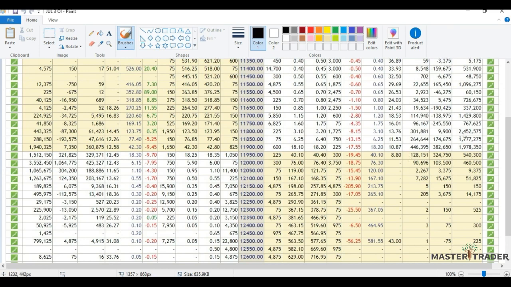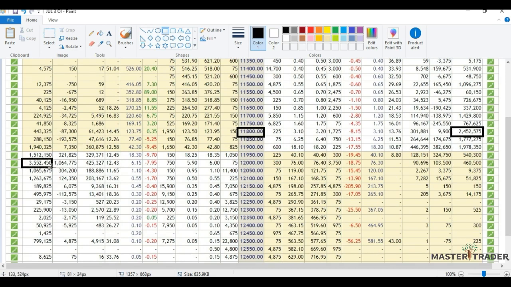So first thing, what do we need to do? We need to identify our boundaries. So if we look on the put side, where is the highest open interest? Can we say it's right here? 24,52,000, which is at 11,800. Okay, and now come to the call side, and where is the highest buildup of open interest?